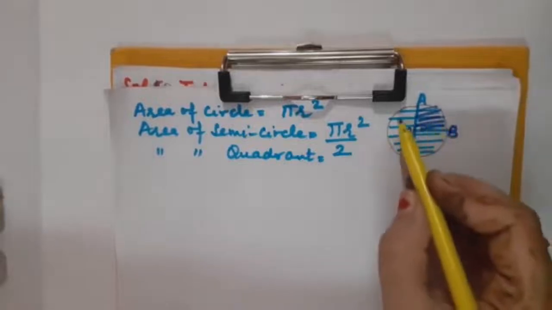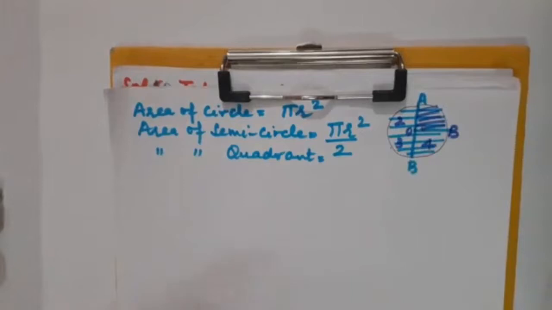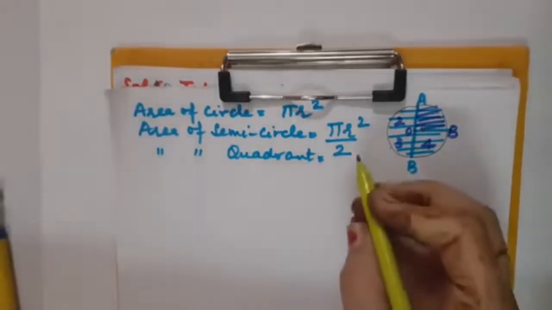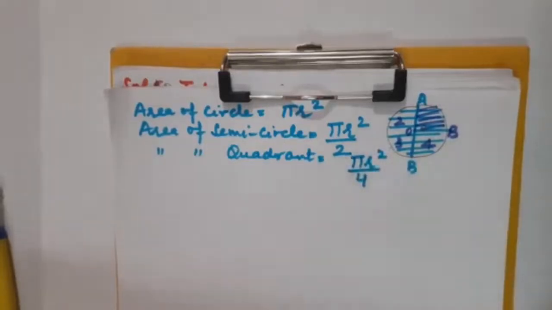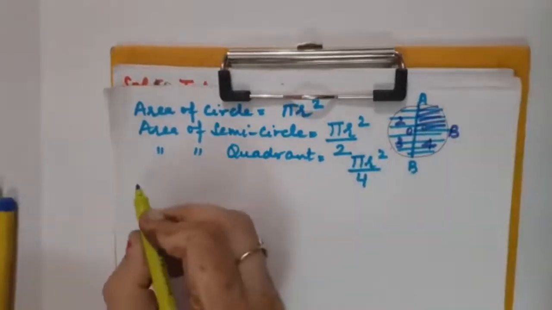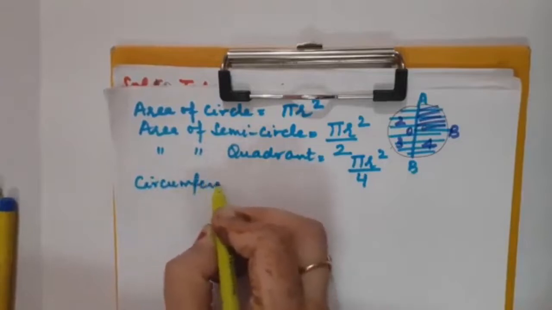Similarly, this is quadrant 1, this is quadrant 2, this is quadrant number 3 and this is quadrant number 4. So when the complete circle is divided into 4 equal parts, how can we calculate its area? It will be pi r square by 4. Clear, children?